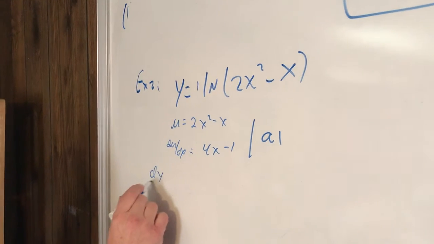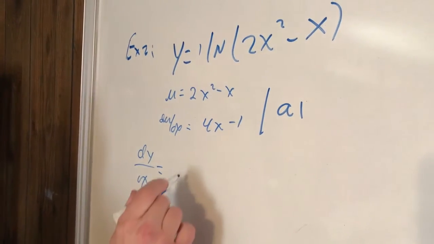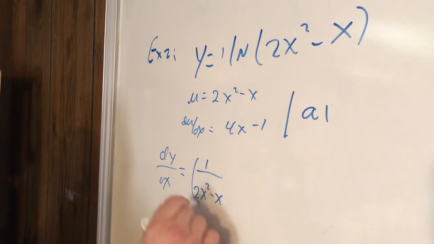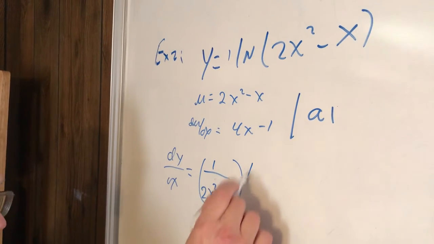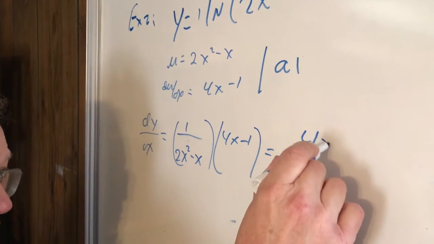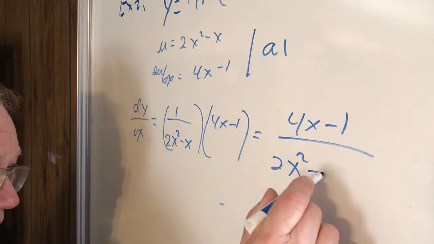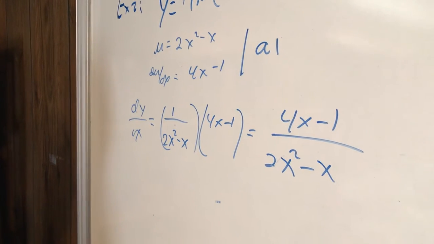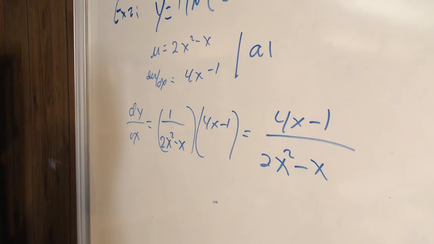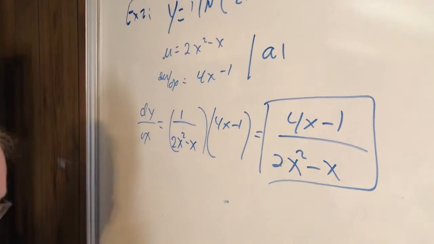So simply the derivative with respect to x is going to be 1 over u, 1 over 2x squared minus x times du dx, 4x minus 1, so 4x minus 1 over 2x squared minus x. You cannot factor that. You can factor out an x, and you're not going to get what you get there. So that's your answer. Very simple.